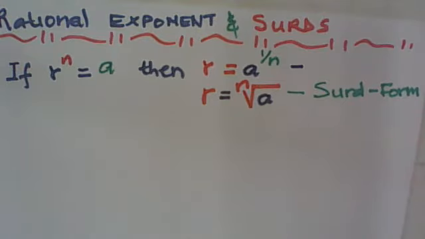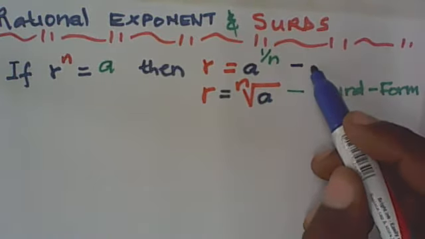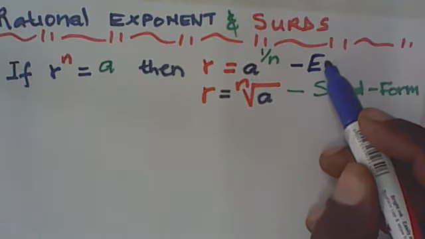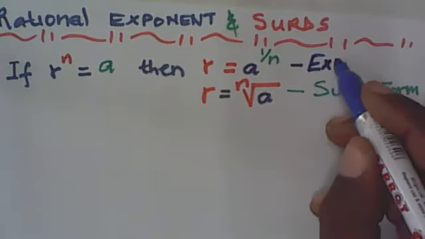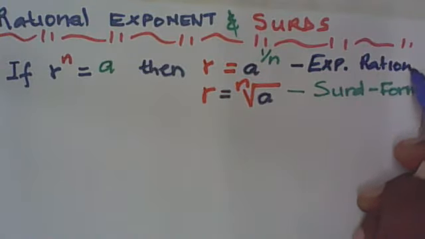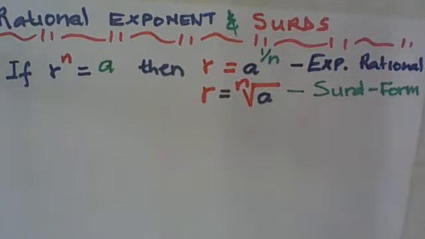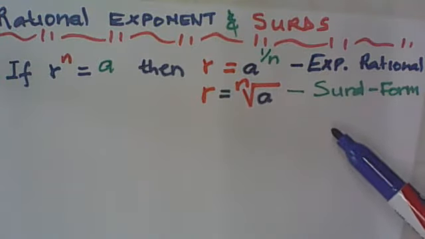It is not just an exponent, but we can classify it as a rational exponent, because that is a fraction. Rational, it's an exponent, but which is rational. That is a rational exponent. So that shows that there is a relationship between the two.